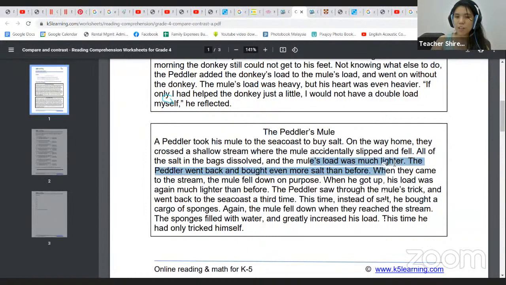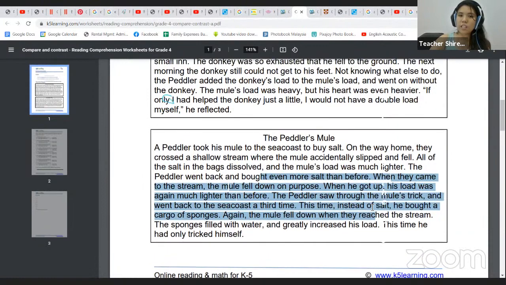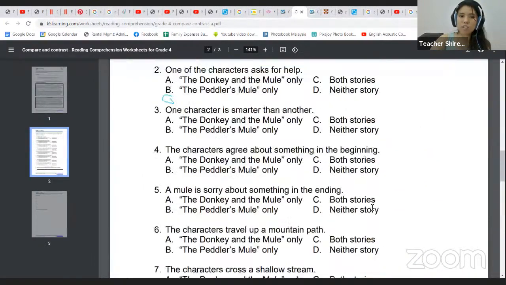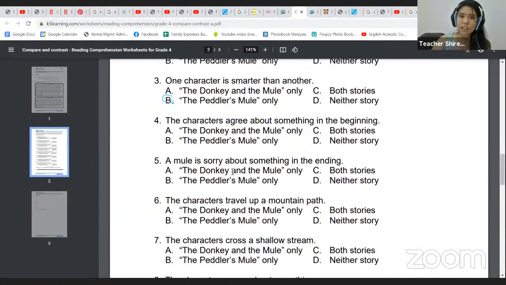Because every time it is lighter, right? So then he purposely tripped. So it shows that he is actually quite smart. Understand? Okay, sorry. So it actually says the peddler's mule only.